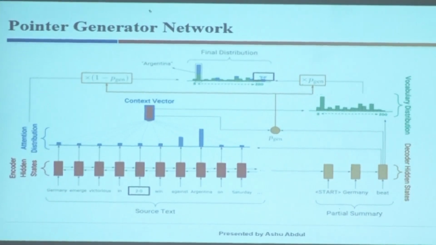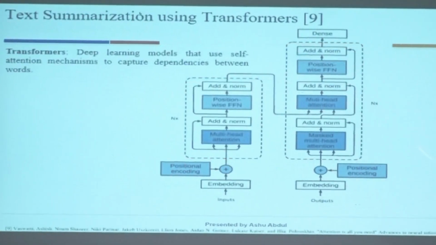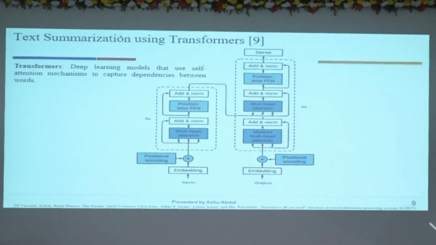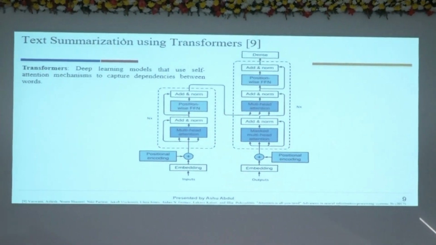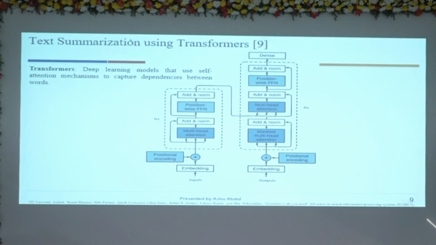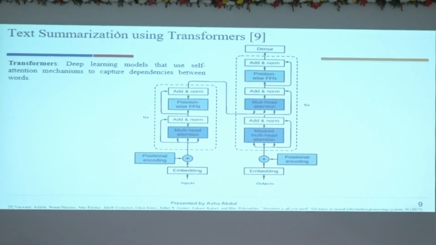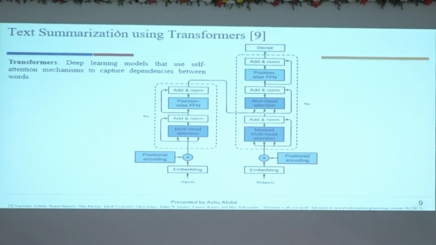Now the drawback of this pointer generator network is that we are using recurrent neural networks, so you will be using an LSTM or GRU. In these, as the length of the sentence increases, sometimes we lose the context.